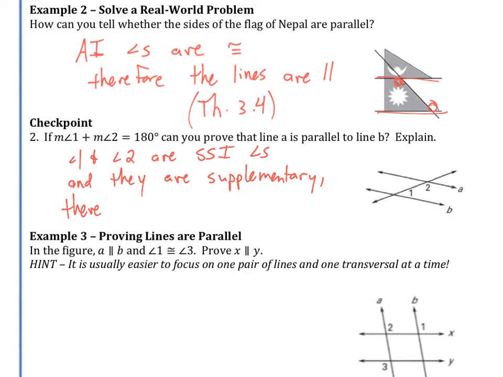Therefore, line A is parallel to line B. So same side interior angles being supplementary means the lines are parallel.